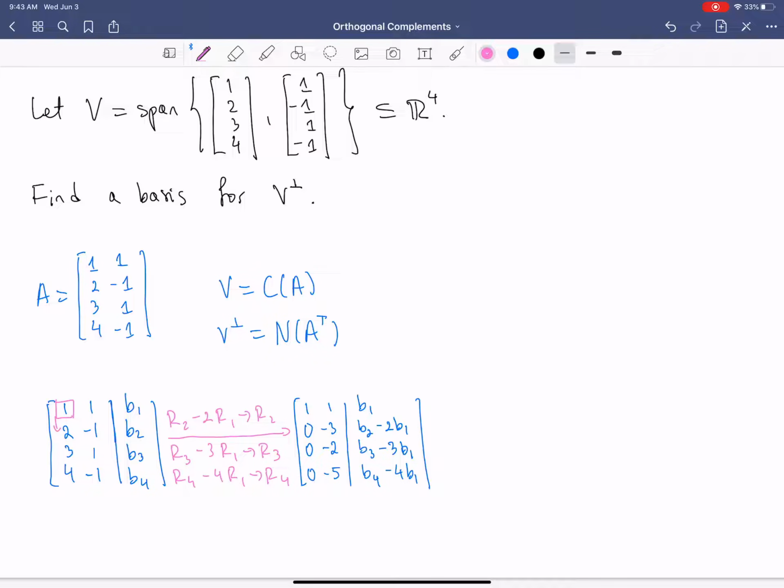And now the fractions will come. We need to use this pivot to reduce underneath it. Since all the signs are the same, we're going to be subtracting. So we will have R3 minus 2/3 R2 into R3, and R4 minus 5/3 R2 into R4.